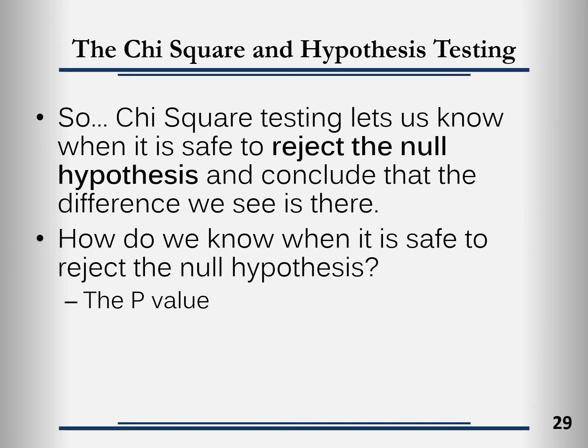The chi-square lets you know when it is safe to reject the null hypothesis, to reject the idea that there's nothing to see, and conclude there is something to see. So how do we know when it's safe to reject the null hypothesis? We make a determination based off a value called the p-value.